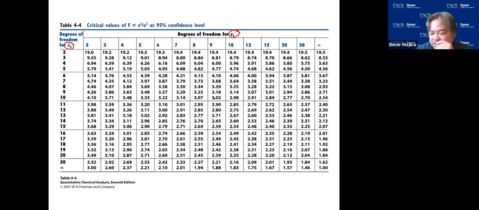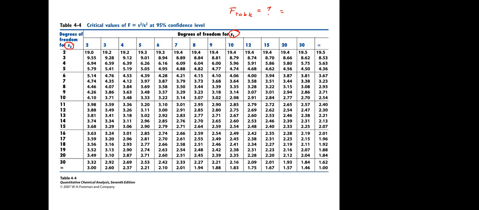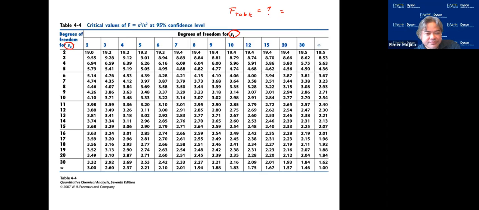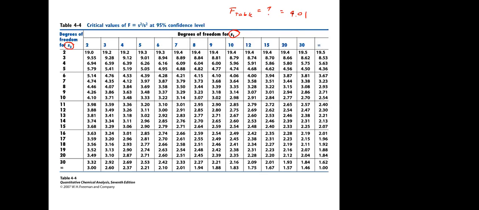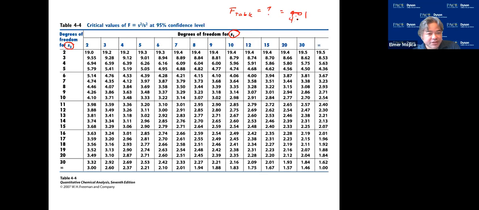So, what is our F table? 4.21? Is it like this? No. 4.21.